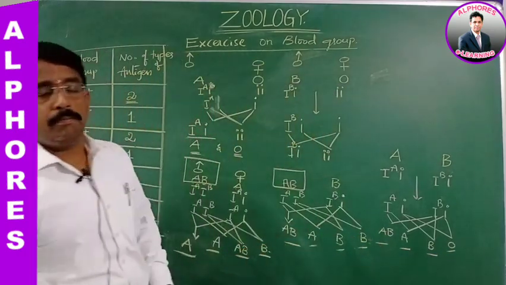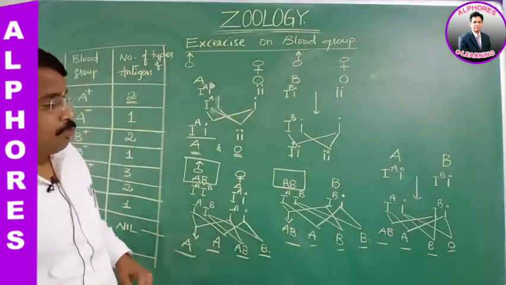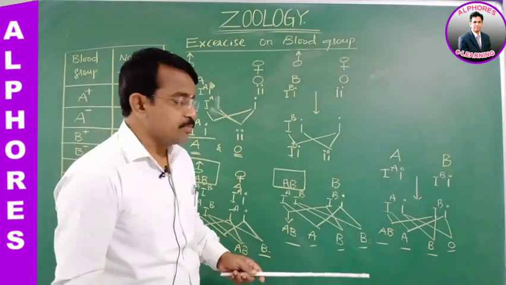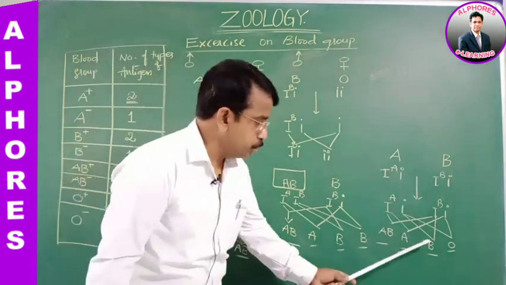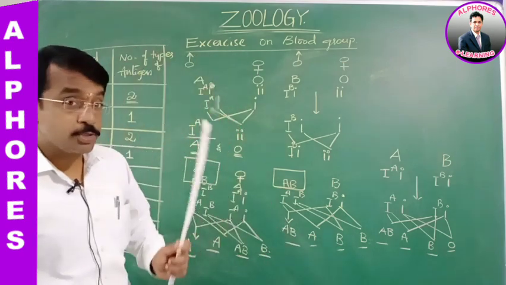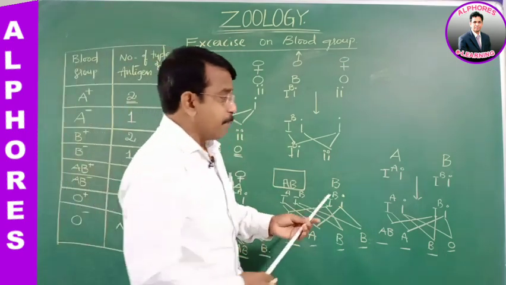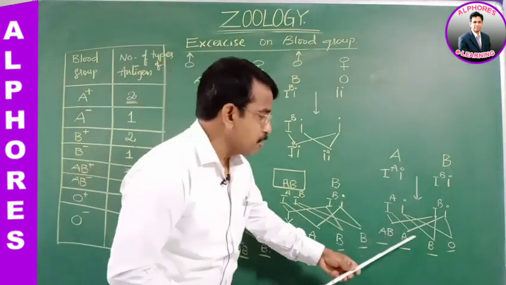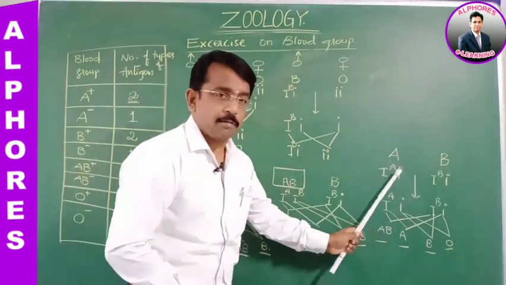How many blood groups are there in the ABO blood grouping system? The ABO blood grouping system is with 4 phenotypes: 1, 2, 3 and 4. So, if the parents are with heterozygous A and B blood groups, all possible combinations are there.